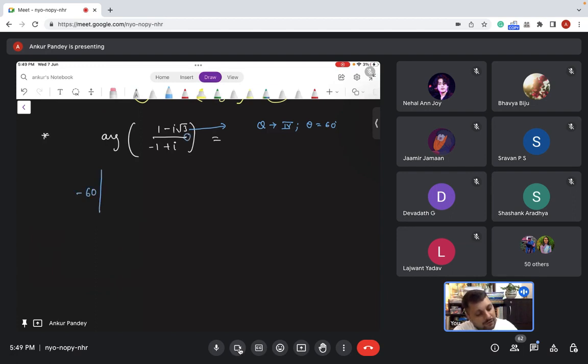Because of division, we will put a minus. In this one, the quadrant is 2nd and the angle is 45 degree. In the second quadrant, 45 degree will be called 135. Hence, the dear friend of mine who gave the answer negative 195 is absolutely correct.